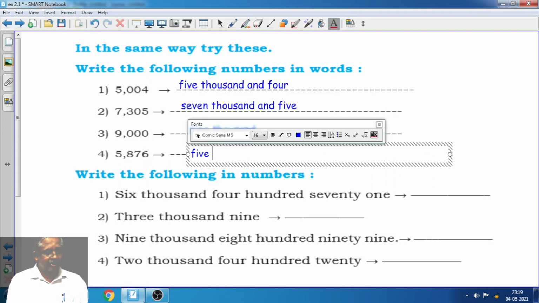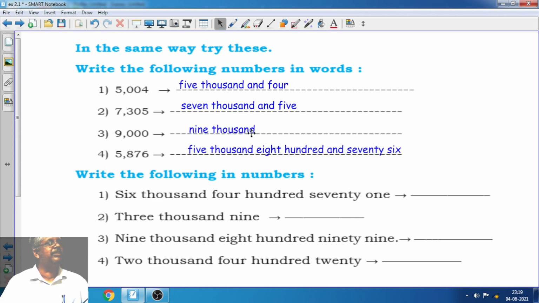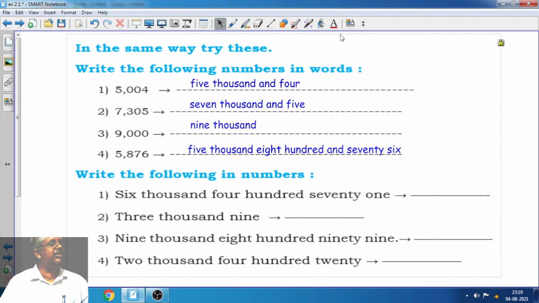This is 5876. I hope you people understood. Now take all this and try to align them perfectly so that it looks better for anybody who looks at this table.